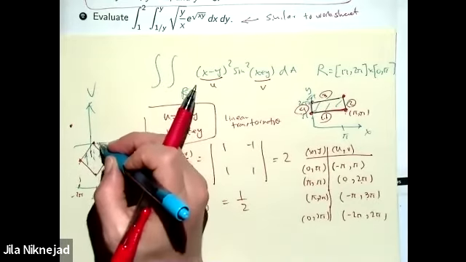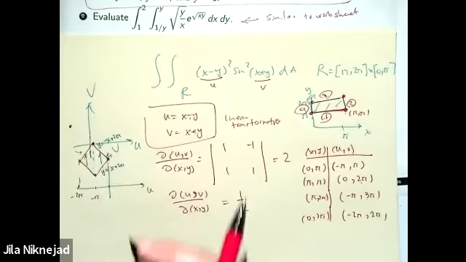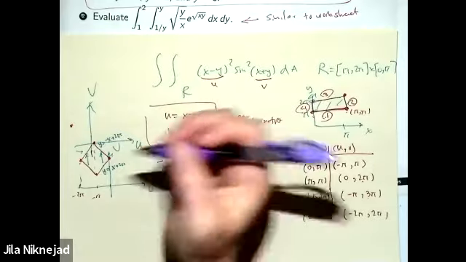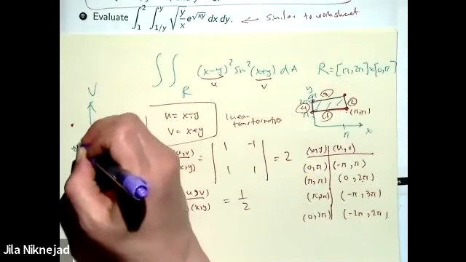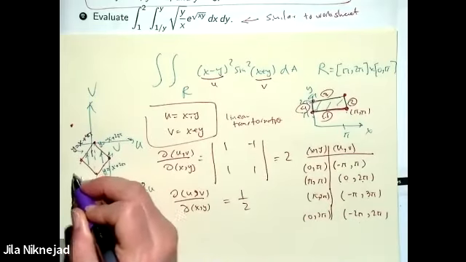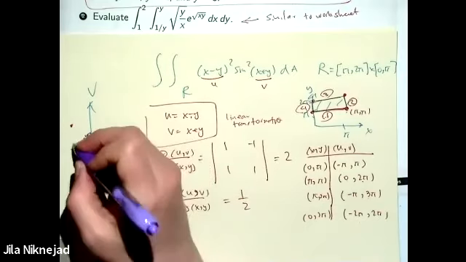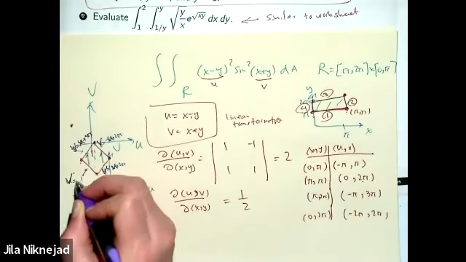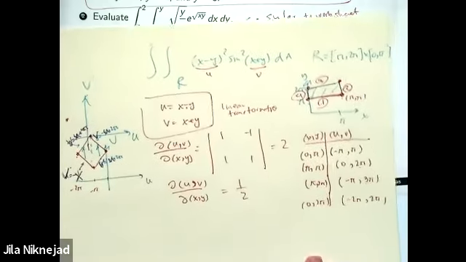This one is V equal to negative U plus 2 pi. That one is V equal to U, I think plus 4 pi. This one is, sorry, V equal to negative U, like that. So those are my new bounds.